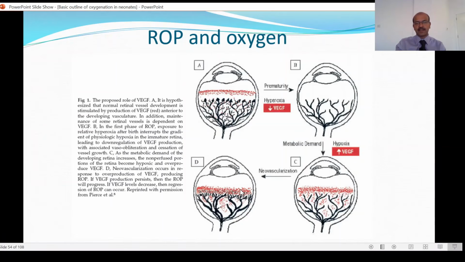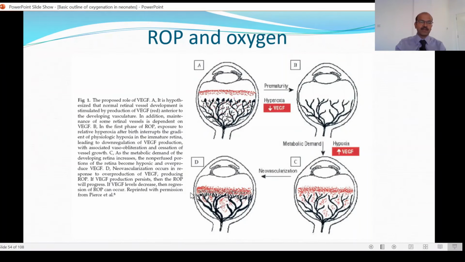So this is a cycle of hyperoxia and hypoxia, and the VEGF production results in neovascularization, and this produces the advanced stages of retinopathy of prematurity. When these vessels rupture is when we get retinal detachment.